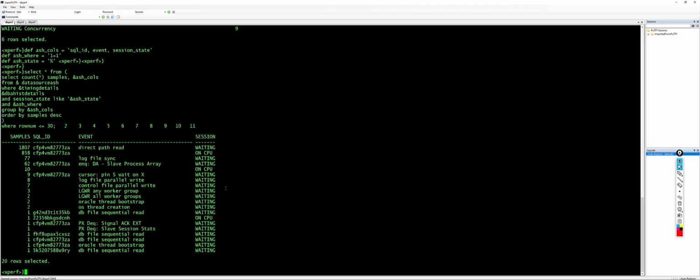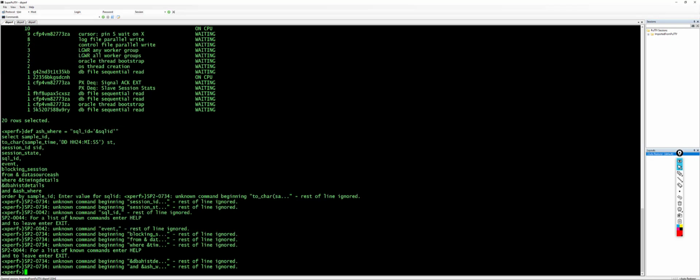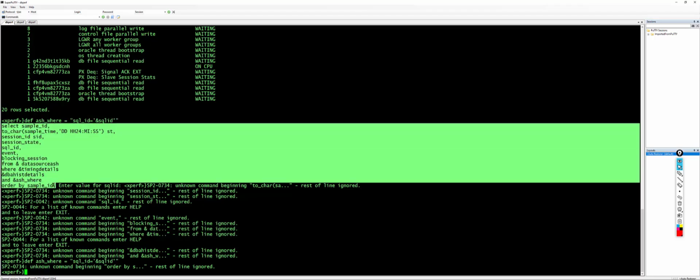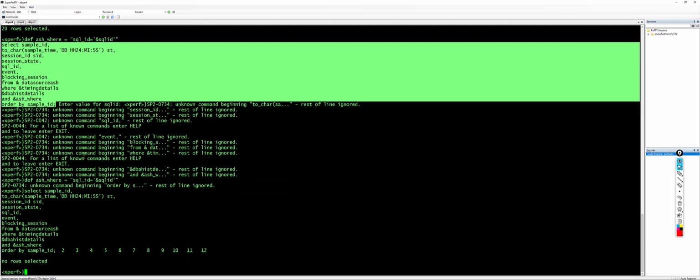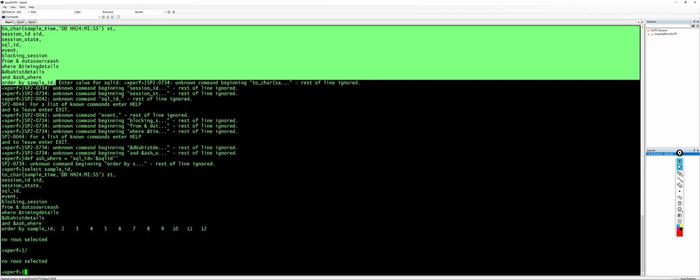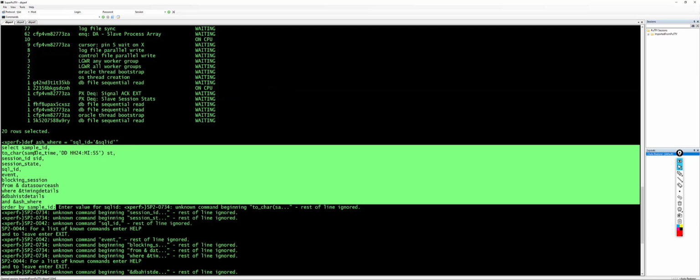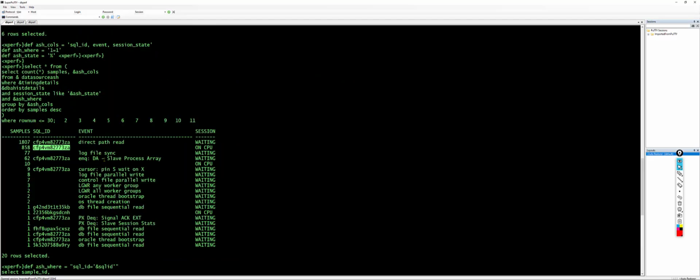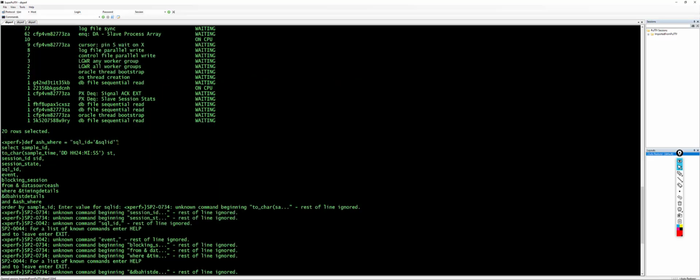Let us query more depth of this SQL information. This is the SQL.